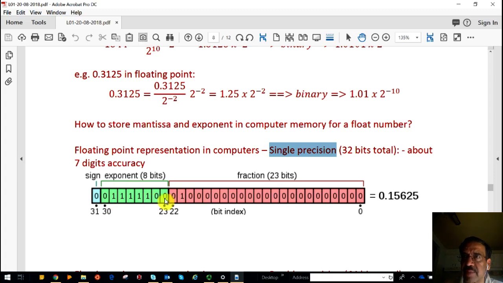This design is arbitrary. It was developed in consultation with IEEE. I think there's a standard for this representation. And that by design sets the limit on the largest number and smallest number that I can represent, because with 8 bits I can only represent a certain number, 255 we saw, for example, right?